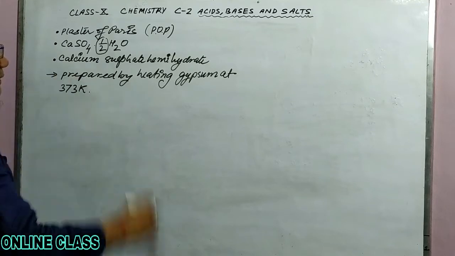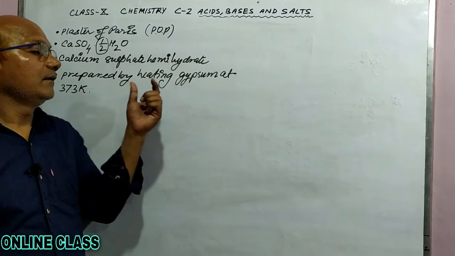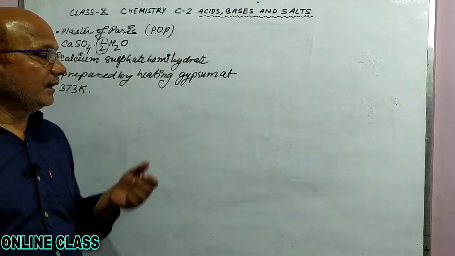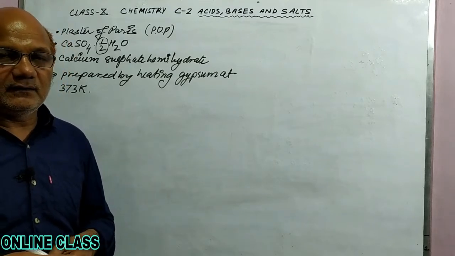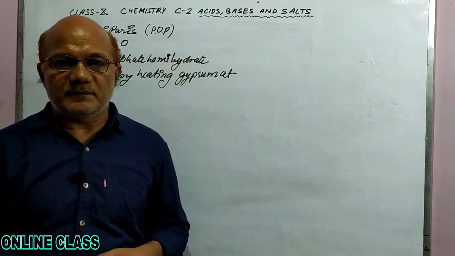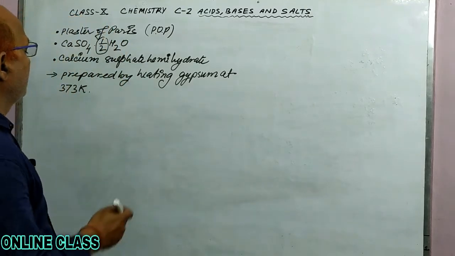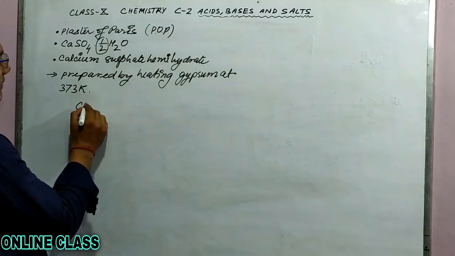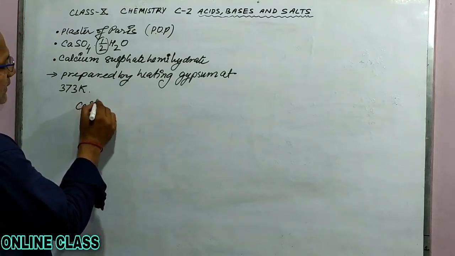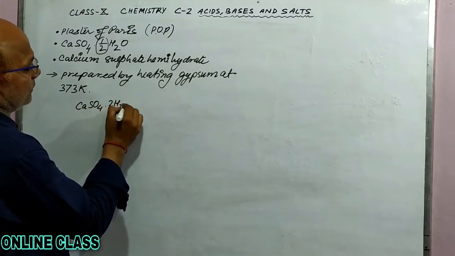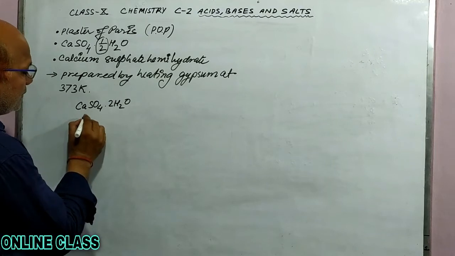Okay. POP is prepared by heating gypsum at 373 Kelvin. What is gypsum? Actually, it is a brown color hard substance. Gypsum is CaSO4·2H2O. Okay. This is gypsum.